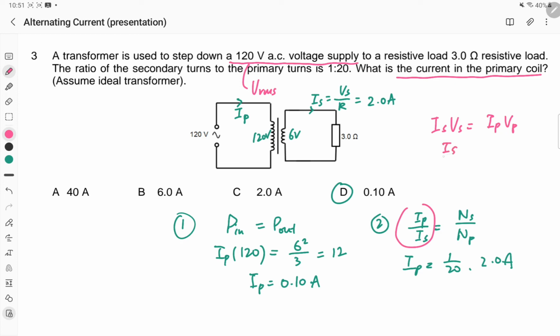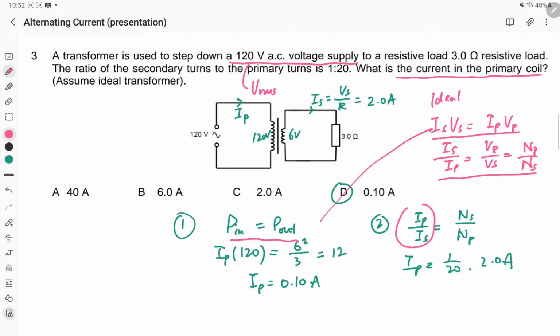That gives us Is over Ip equals Vp over Vs, which in turn equals Np over Ns. So you see, this equation arises because the ideal transformer is saying that power input equals power output, and that is the same as what we have done earlier. So although we are doing different steps in both method 1 and 2, the underlying principle is the same.